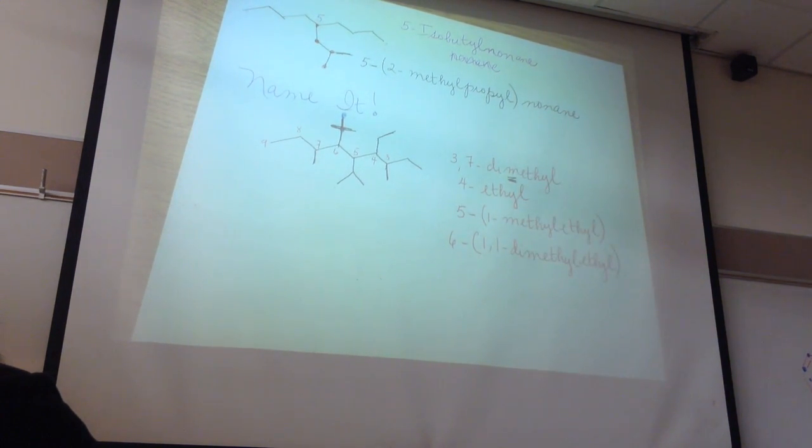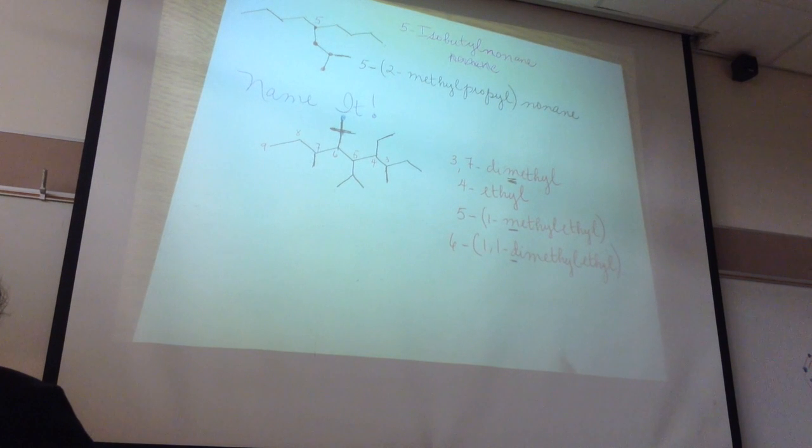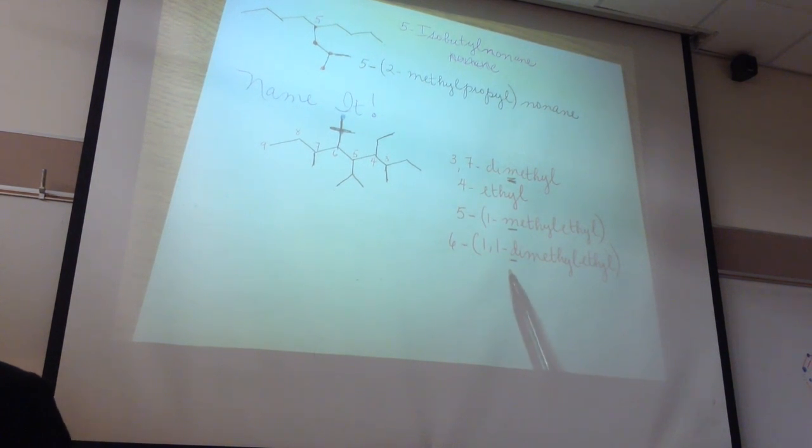But when you have a substituted substituent, if your name appears in parentheses, the first letter in the parentheses counts. That's the best way for me to explain it, okay? If your name is in parentheses, it doesn't matter that you have 2, 3, 4, 5, it's the first letter that counts. So this dimethyl counts.